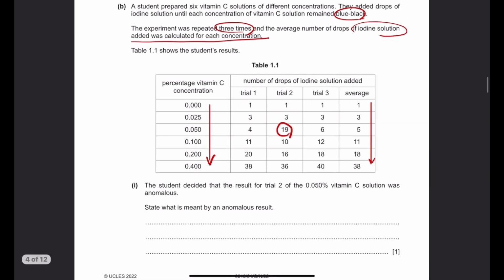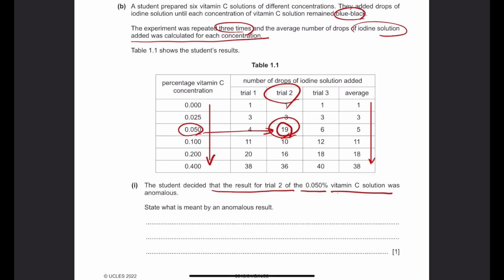And let's just get on with the question. The student decided that the result for trial 2 of the 0.05% vitamin C solution was anomalous.